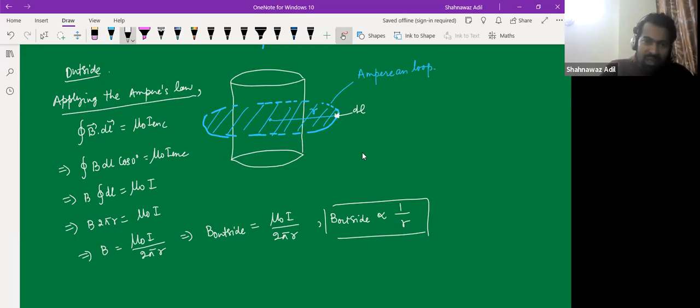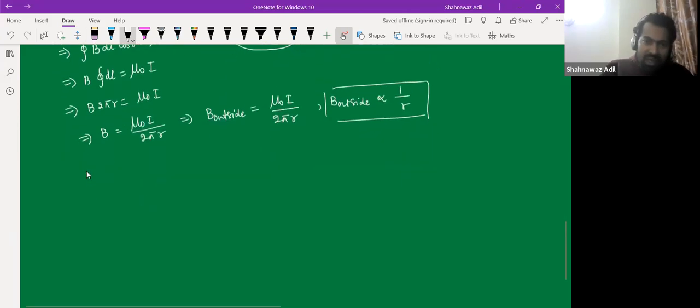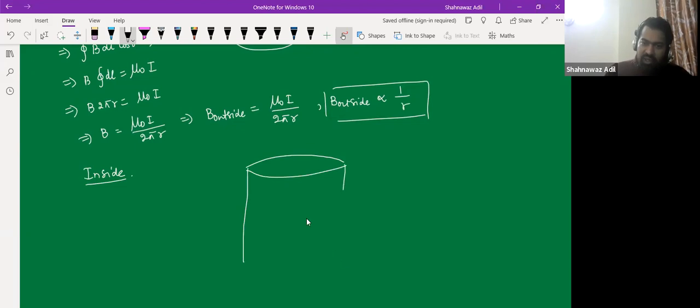Okay, so now let us calculate the magnetic field inside. So let's say again we have the same cylindrical wire, and we are calculating the magnetic field at this point, right? Then we will again make an Amperian loop like that, right?